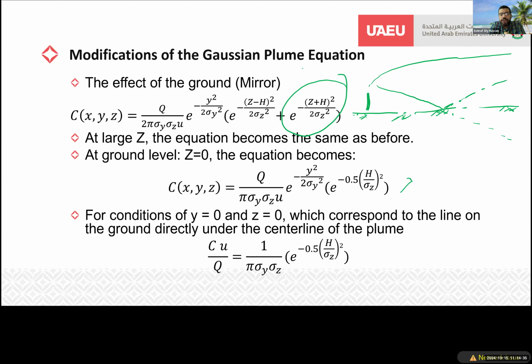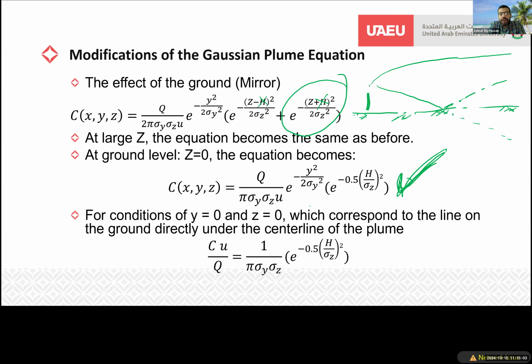At large Z, the equation becomes the same as before. Why? Because Z will be much, much more than H. So when you add these two terms together, they will be the same as the equation that we had earlier. So at large Z you can actually forget about the H.